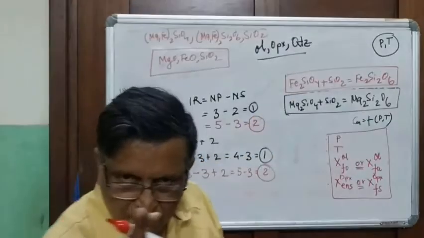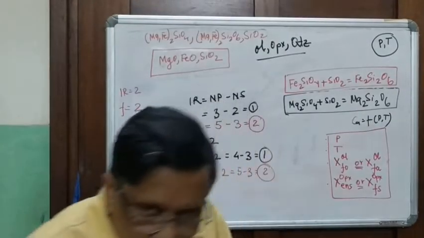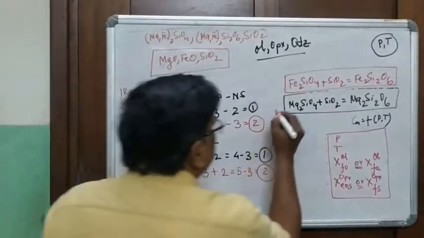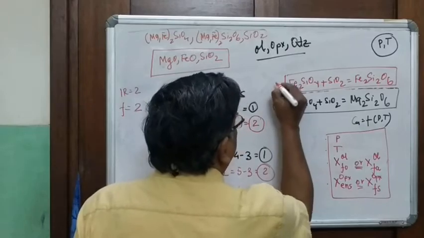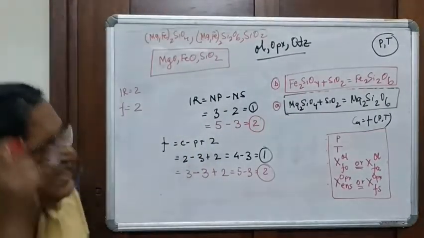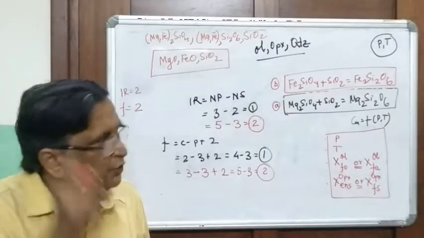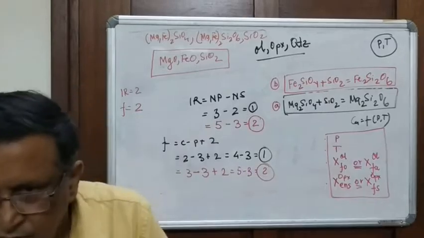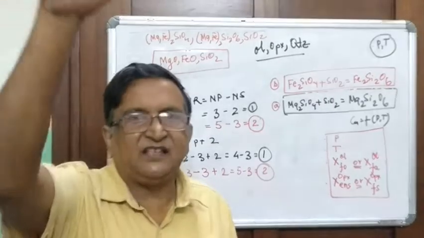But you can have another reaction. Let's say this is reaction A, this is reaction B, and you can do another reaction C. How? Let me show you. You subtract A from B. Eliminate SiO2.